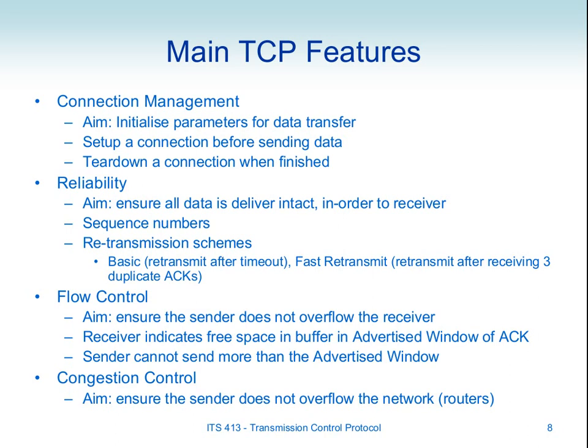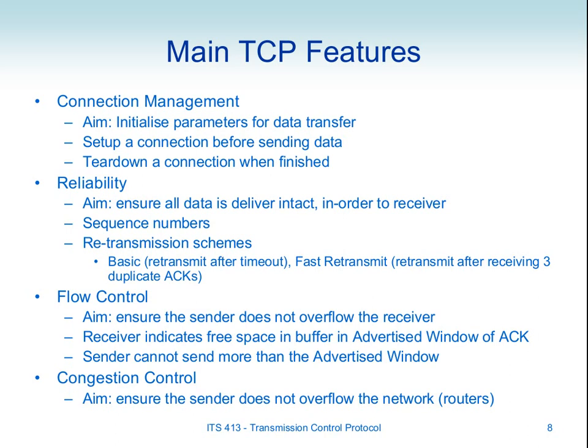So if I'm sending to a server, that server has some processing ability. If I send too fast, I may overflow the memory at that computer, causing problems and packet loss. So we're going to go through how flow control works. The aim, remember, is to make sure the sender doesn't send too fast such that it overflows the receiver.